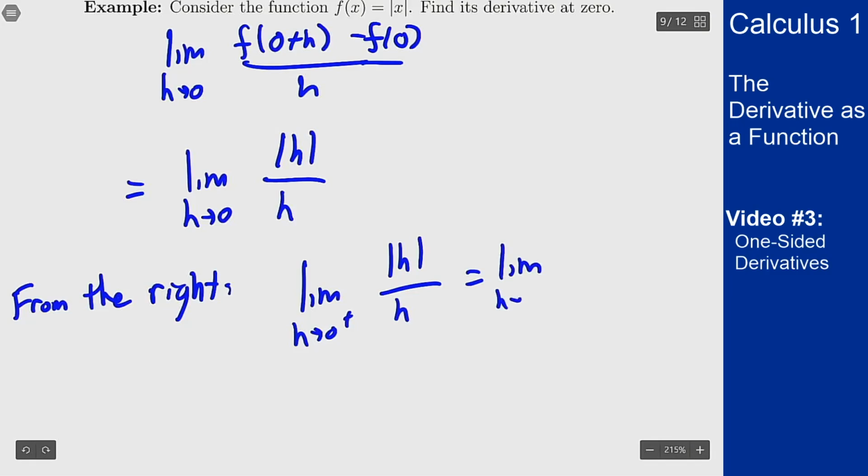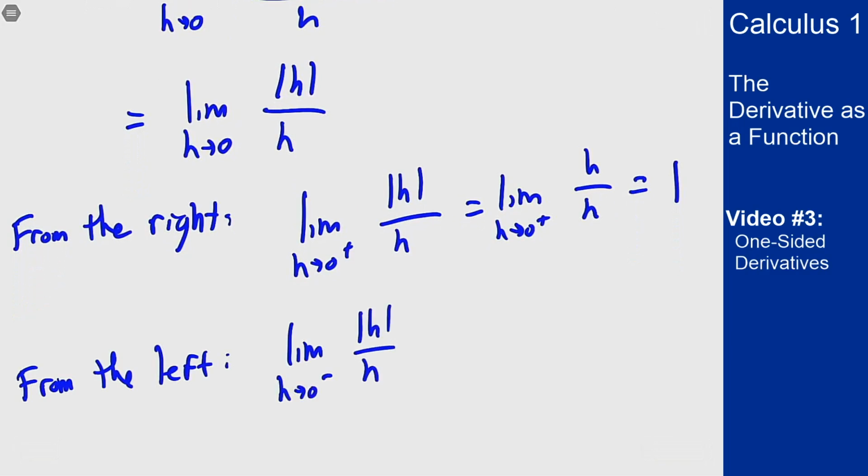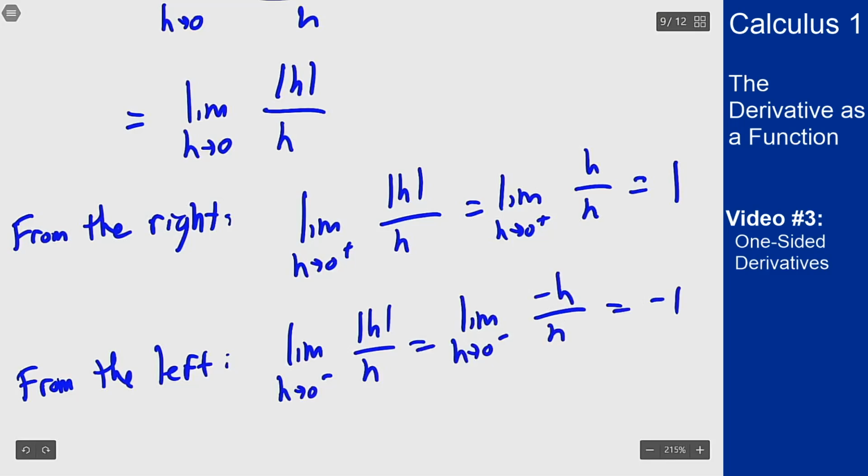The limit as h goes to 0 plus of h over h is 1. And from the left, we get the same idea. But since I'm coming in from the left, h is less than 0, so h is negative, meaning that the absolute value of h is actually negative h. The limit as h goes to 0 minus of negative h over h is minus 1.